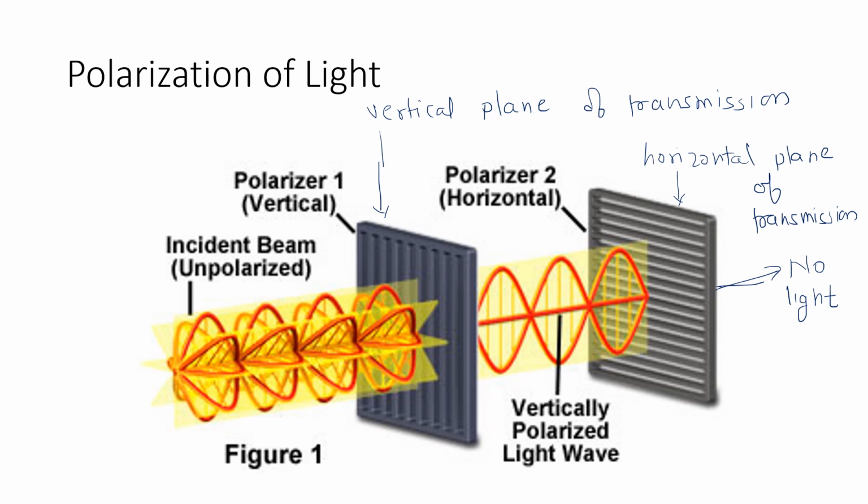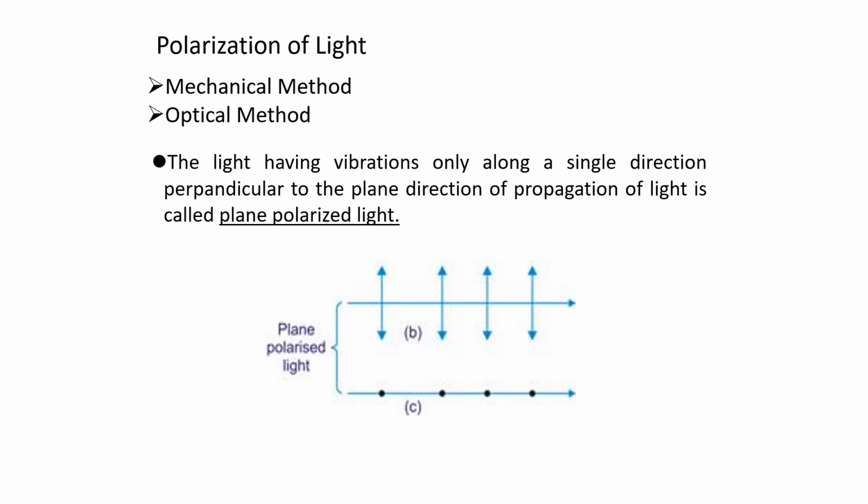This light which has passed through polarizer one is called polarized light, where the electric field vibrations don't have any random direction, but the electric field is vibrating only along one fixed direction. It is polarized light. So let us define plane polarized light.